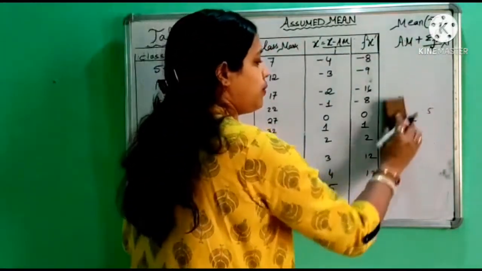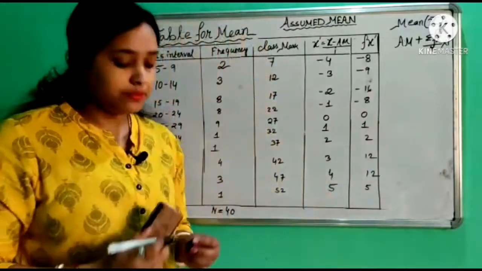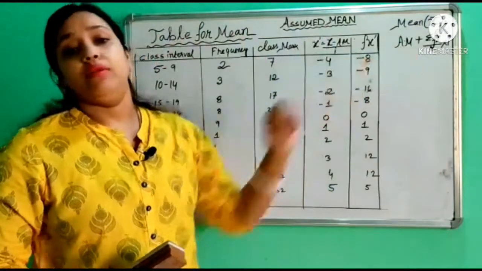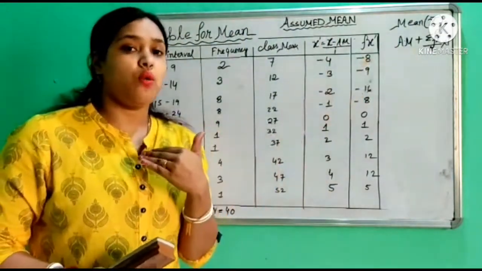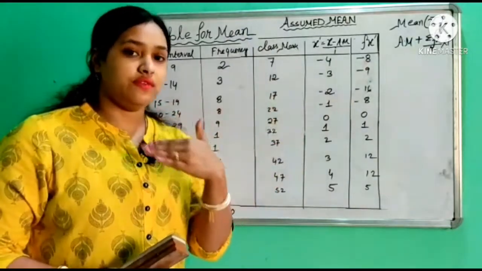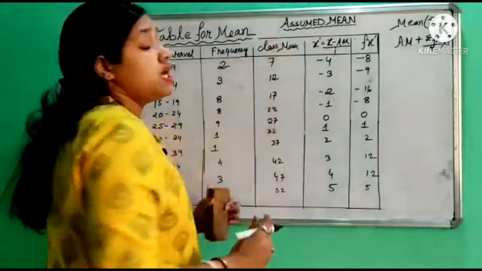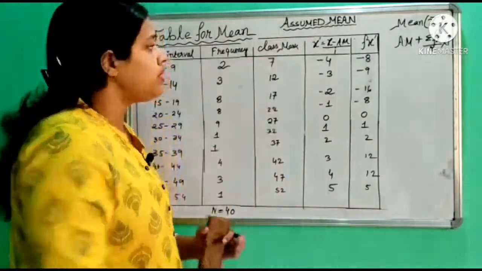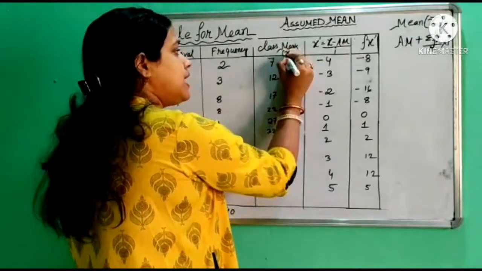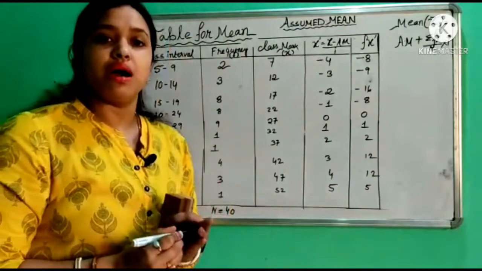Now we proceed to our calculation, how to calculate the mean. Here, what is the assumed mean? AM. Assumed mean means we have to take one number in a way convenient to us. In this case you take the assumed mean from the class mark. Now how to calculate the class mark?